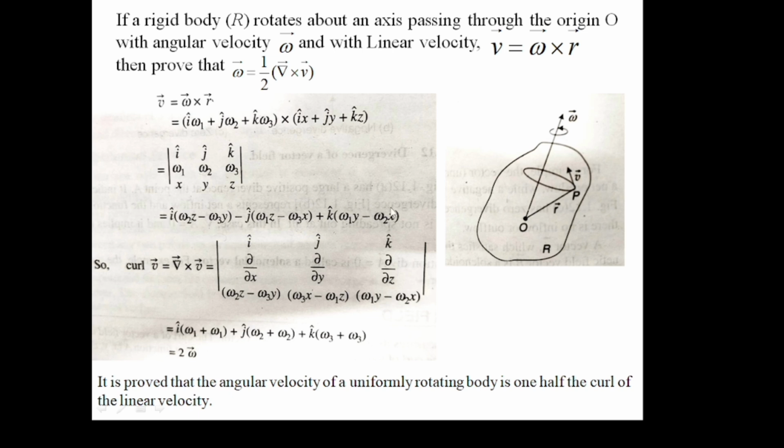This is the expression of linear velocity V. Now we take the curl of V, that means del cross V. When we do this, the answer is 2 omega, that means 2 times the angular velocity. So omega is equal to half of curl V. So it is proved that the angular velocity of a uniformly rotating body is one half the curl of its linear velocity.